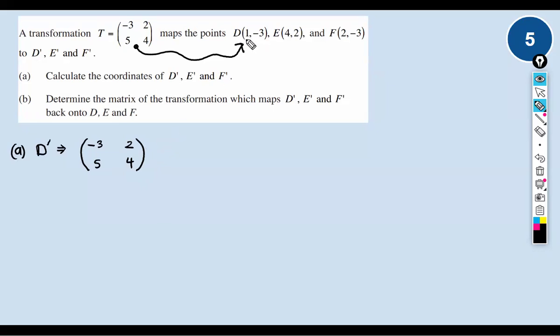Remember the first value of a point is X and the second one is Y. When you're multiplying a point by a matrix, you just have to write it vertical. The X goes on top, Y goes underneath.